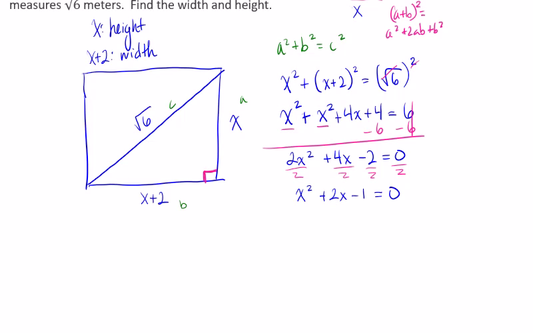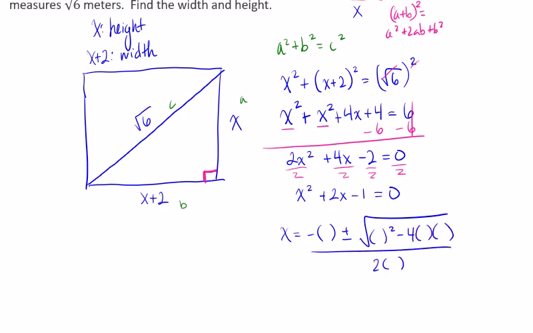All right, so I'm going to use the quadratic formula. So I'm going to say x equals negative b plus or minus the square root of b squared minus 4ac, all over 2a, right? So a in this case is 1. So I'm going to put that after the 4 and underneath. B is 2.